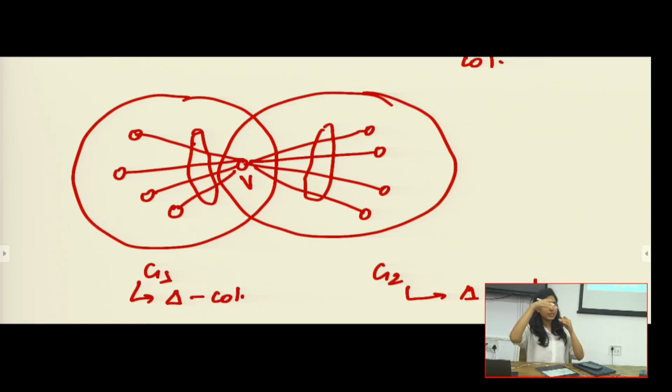In all, like G, delta. We can permute colors such that in the left part there will be at most delta minus 1 edges, and here as well delta minus 1 edges at most. In total delta edges. So we can permute colors such that we avoid at most delta minus 1 colors. That is how we can extend that coloring to a delta coloring of G.